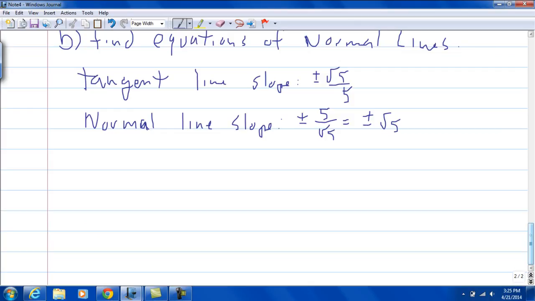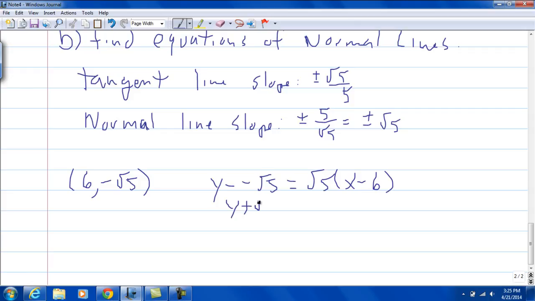Again, we have the point 6 comma negative square root of 5. That'd be y minus negative root 5 equals the square root of 5 times x minus 6.